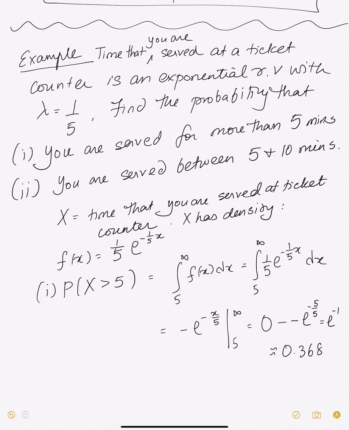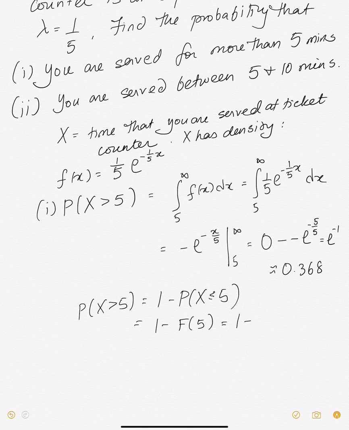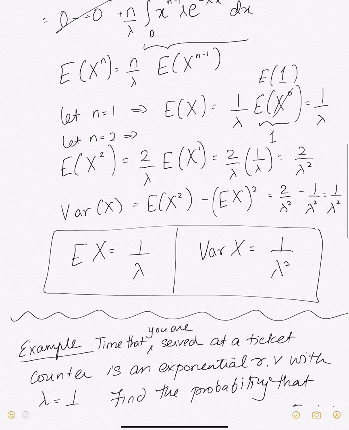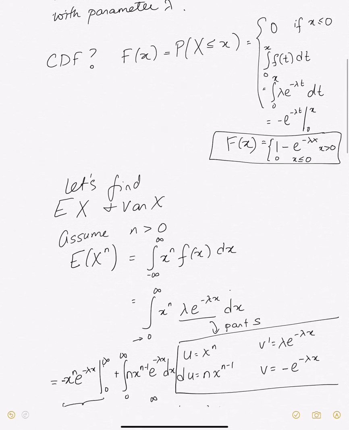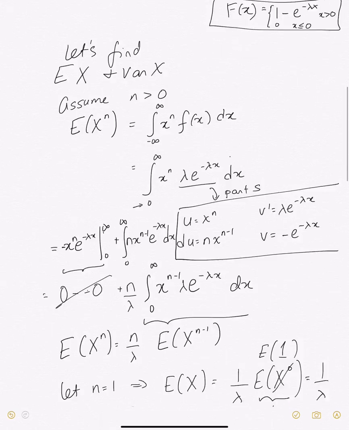Alternately, you could have just said the probability x bigger than 5 is 1 minus the probability x less than or equal to 5. So it's 1 minus F of 5. And if you recall, the CDF of an exponential random variable is 1 minus e to the minus lambda x.